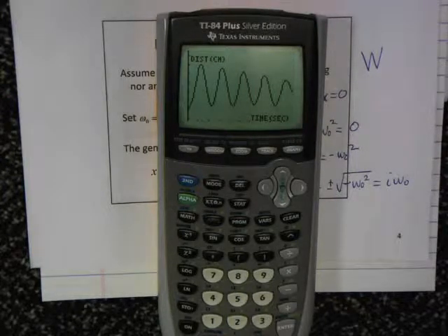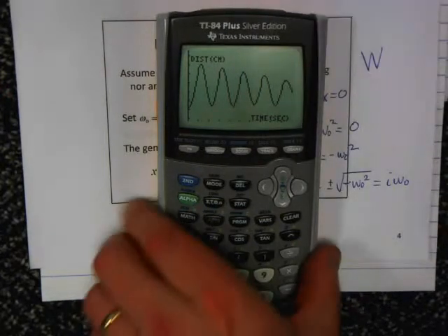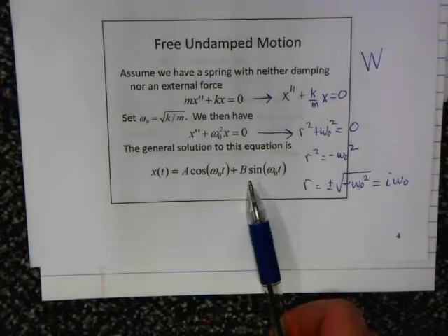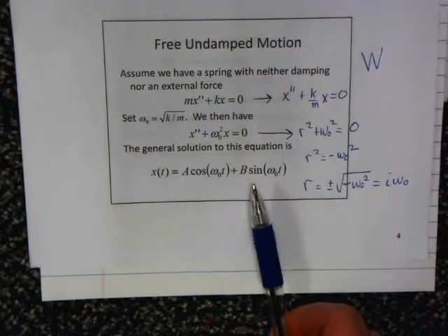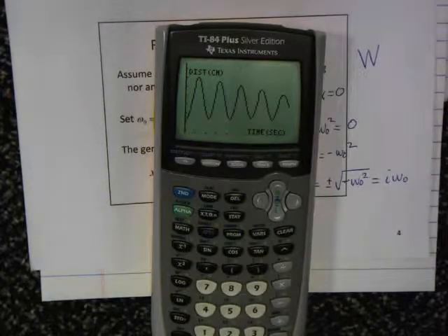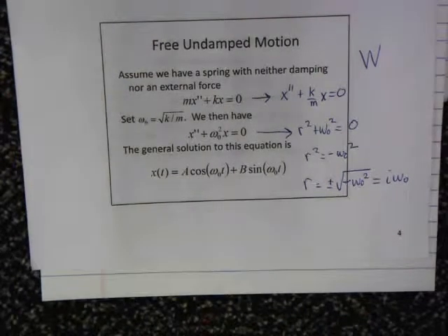The amplitude will stay the same. It'll be a traditional sine or cosine wave. But look at the answer we got. It has a cosine plus a sine. It's supposed to just be one or the other, isn't it? It should be just a sine wave or just a cosine wave. So now we're going to do some fancy trigonometry to make it look like a sine wave or a cosine wave.